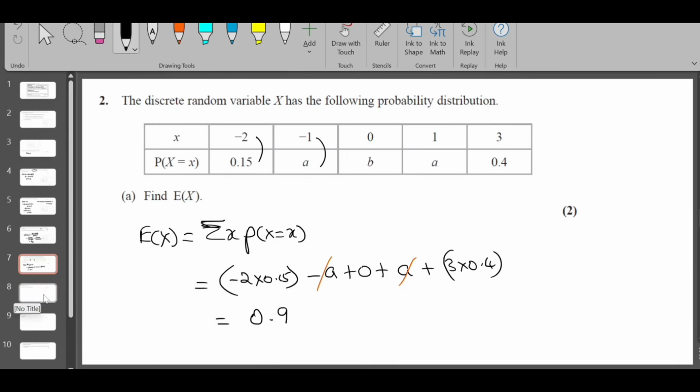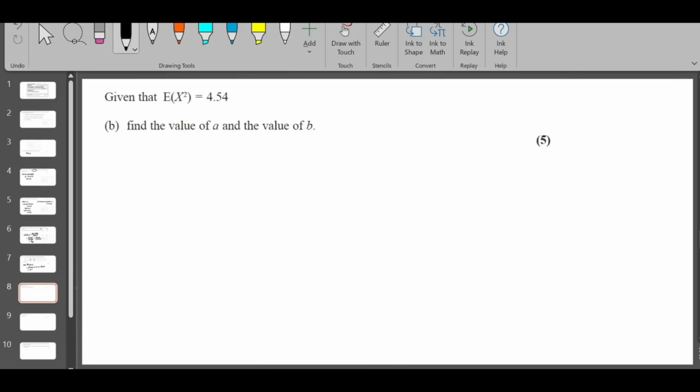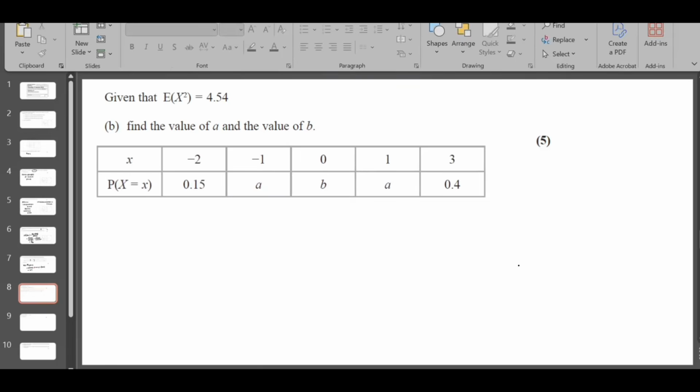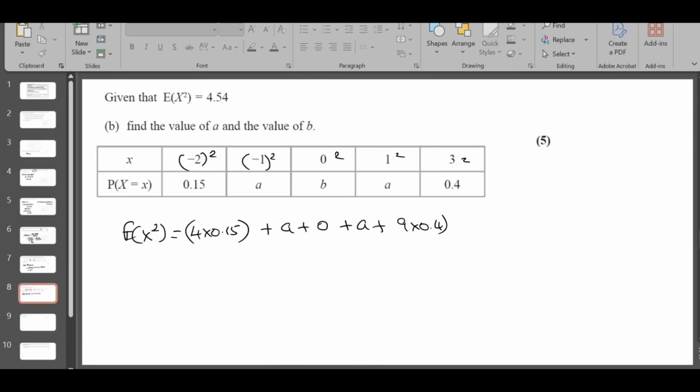Let's move on to part B of the question. E of X squared is given, find A and B. I'm going to put the table here again, just for reference. How do we find E of X squared? We square x and then multiply by the probability. So E of X squared is going to be 4 times 0.15 plus A plus 0 plus A plus 3 squared, which is 9, times 0.4.